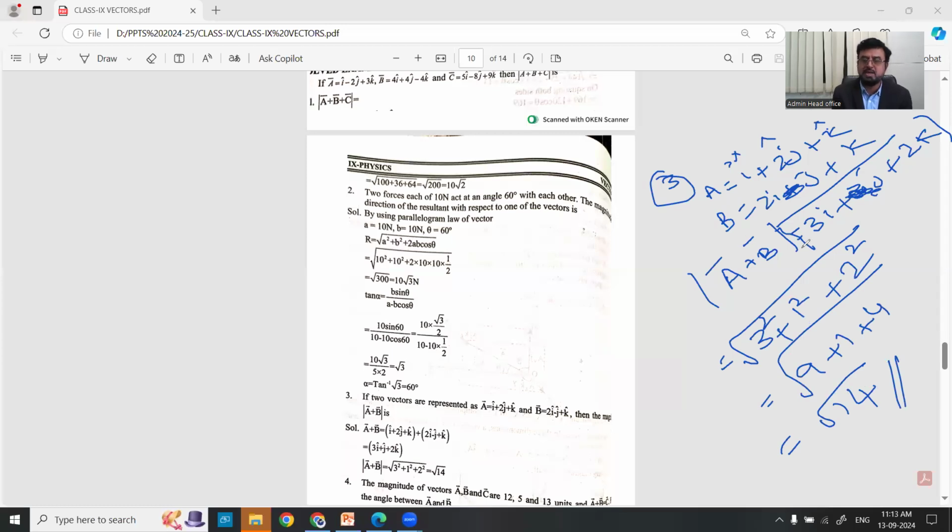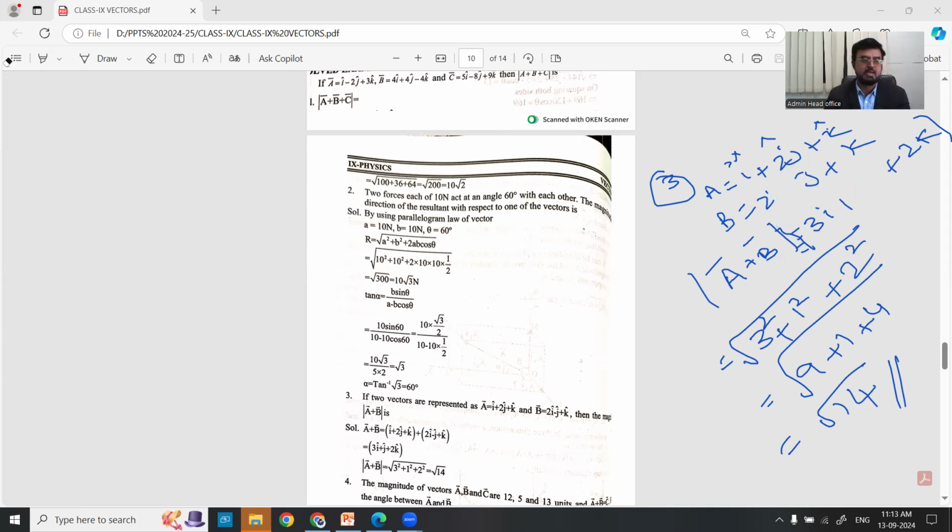A plus B is nothing but we added vector A and vector B directly, where we add i plus i, j, j, k, k. i plus 2i is equal to 3i. 2j minus j is equal to j. And k plus k is equal to 2k.